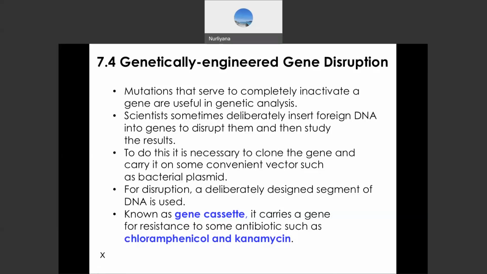One of the successful inventions is the development of the gene cassette. A gene cassette is a gene that carries resistance to some antibiotics such as chloramphenicol and kanamycin.